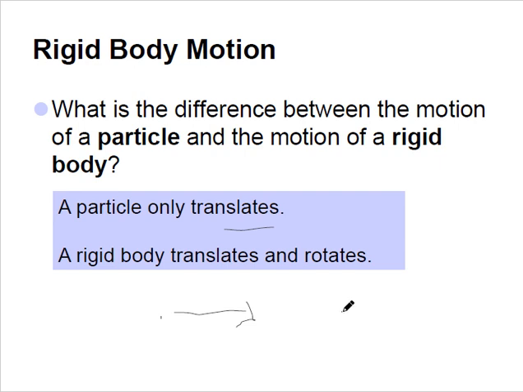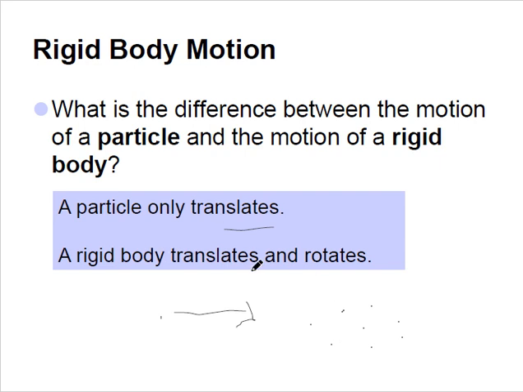If you look into your room, you're going to see billions and billions of particles in the sun rays. Their motion is only translation. They're moving in a straight line. They don't really rotate like a rigid body does.